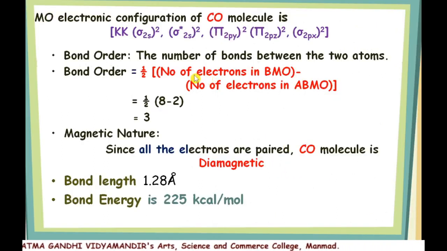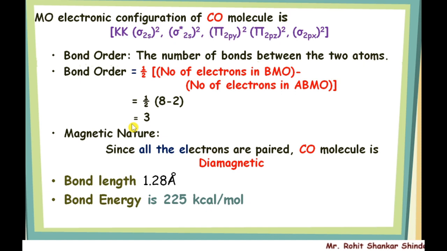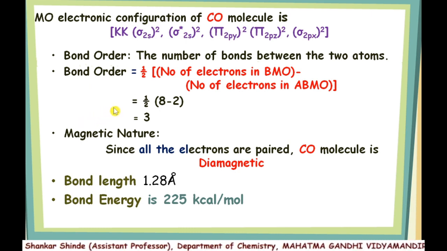So we put the values 1/2 in bracket 8 minus 2, that is 6. 1/2 into 6, that is 3. So bond order 3 suggests that the carbon monoxide molecule possesses 3 bonds. So the CO molecule contains a triple bond. Out of the 3 bonds, 1 bond is a sigma bond and the remaining 2 are pi bonds.